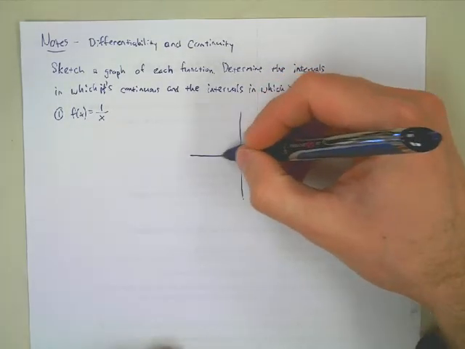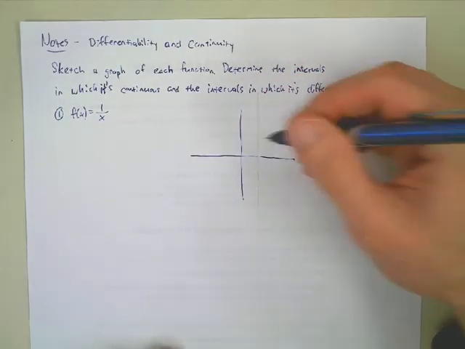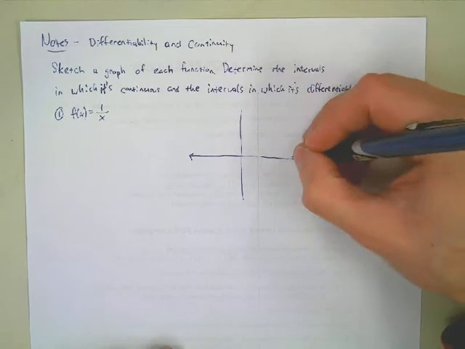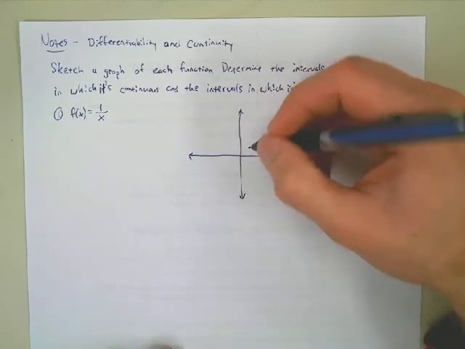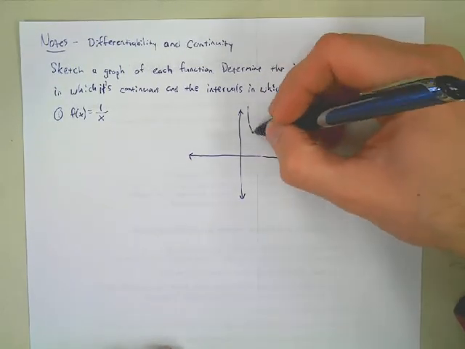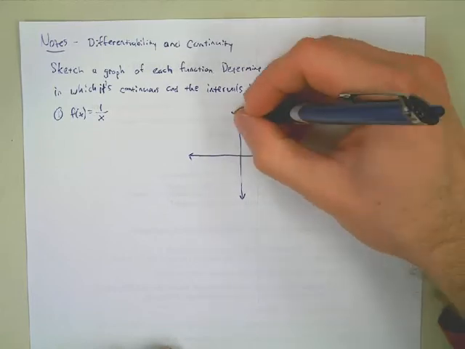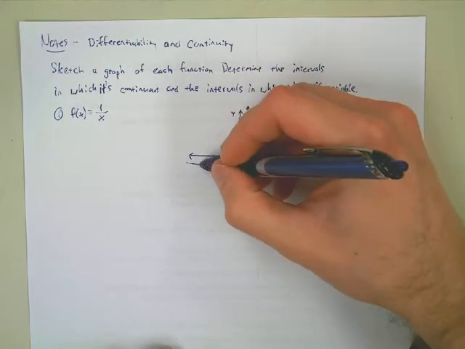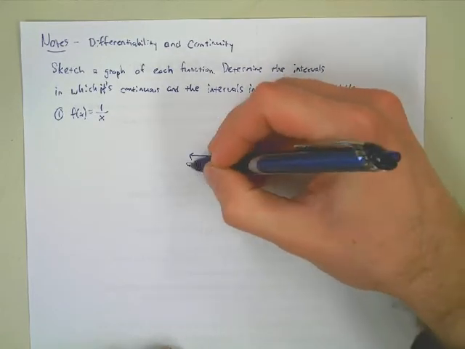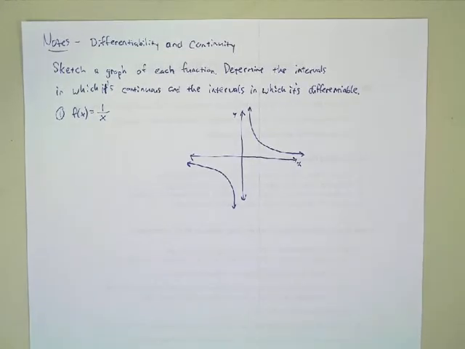This is one we should be familiar with right off the bat. No need to even use our graphing calculators. It's going to look something like that. We don't need calculus to discuss the continuity of this.